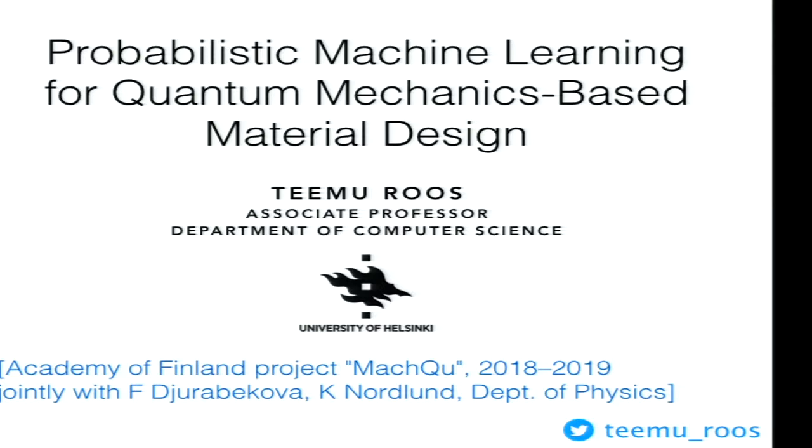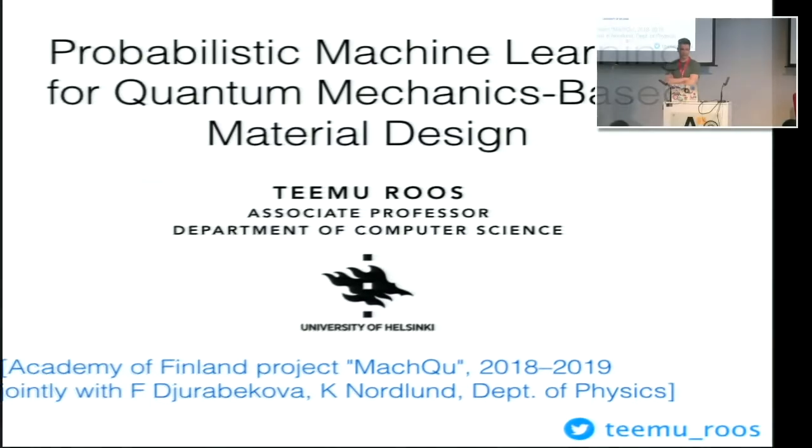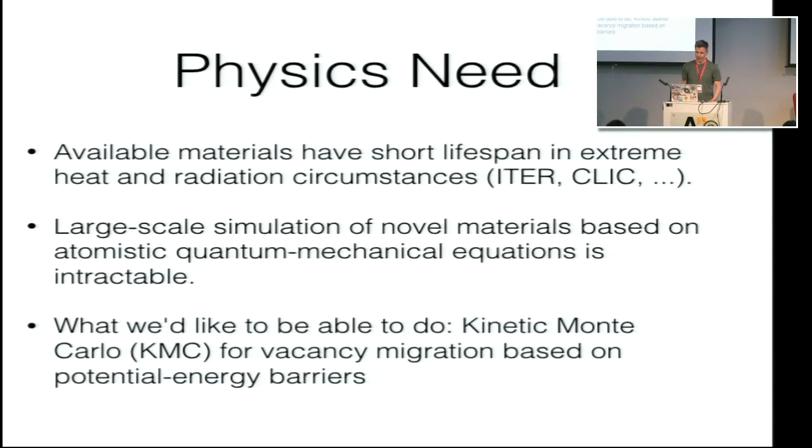What we've been doing is combining machine learning with certain simulation techniques for the design of materials. So I guess that's why I was invited to speak here. So very briefly, I'll skim through the physics bit in order to not embarrass myself too much.